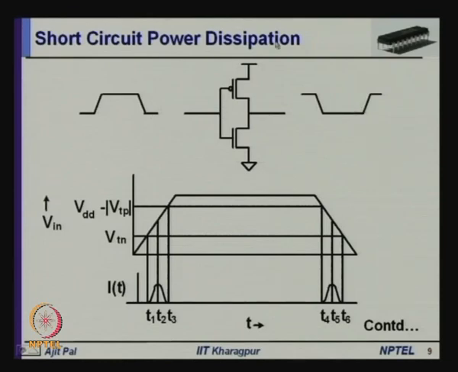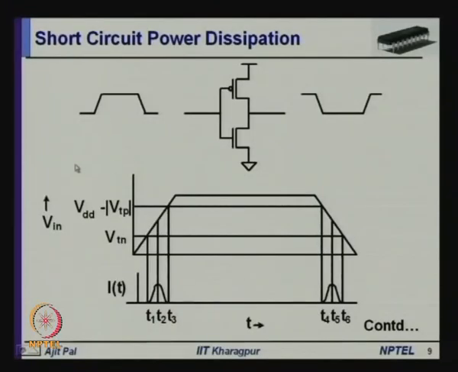Here we have taken an example of an inverter. Although an inverter example has been taken, it is applicable to any CMOS circuit. The only difference will be that instead of a single PMOS transistor as pull up, you will have a network of PMOS transistors in the pull up and a network of NMOS transistors as pull down, but otherwise the derivation will be very similar. Now, let us consider how the power dissipation is occurring.